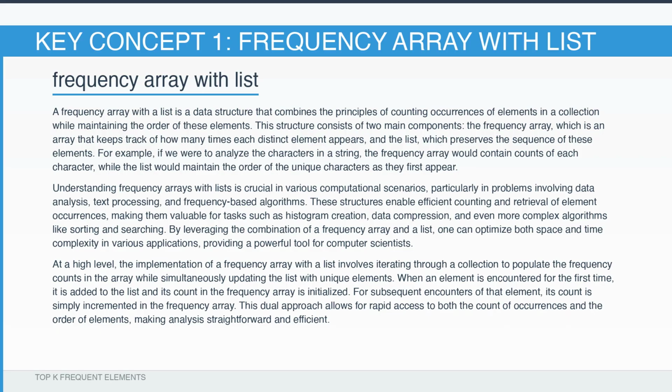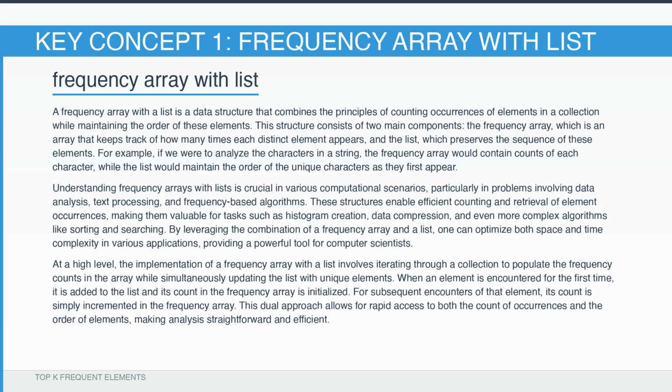Meanwhile, the list keeps track of the unique fruits in the order they were first picked. For instance, if you picked an apple, a banana, and then another apple, the frequency array would show that apples appear twice, while the list would show apple and banana in the order you encountered them.